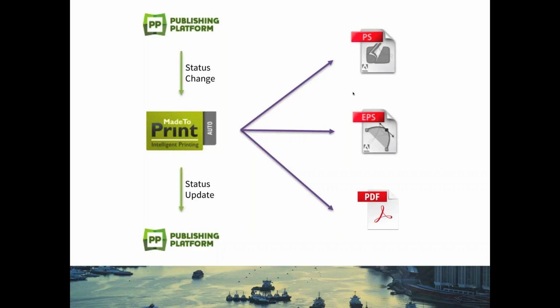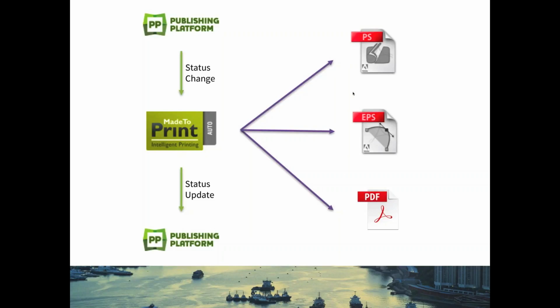So you can select all of the same options with output settings or groups of output settings. And once that output has been created, information can go back into the Quark publishing platform, and that information could be actual files, but it could also be simply an update of the status.